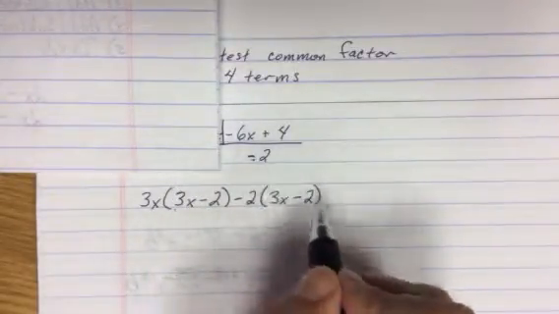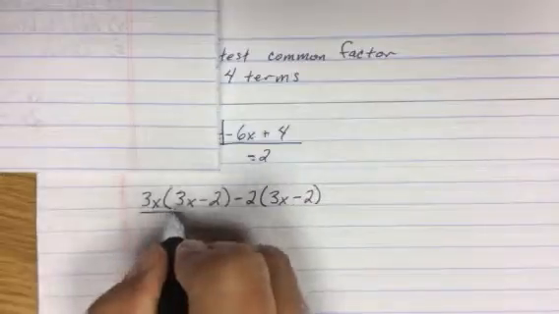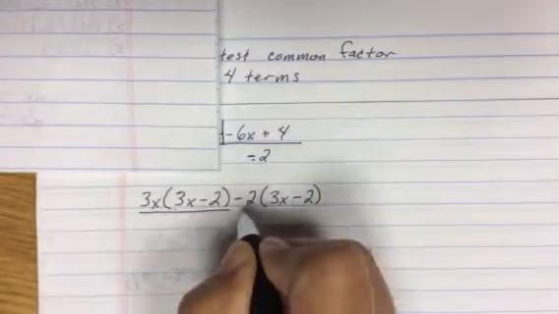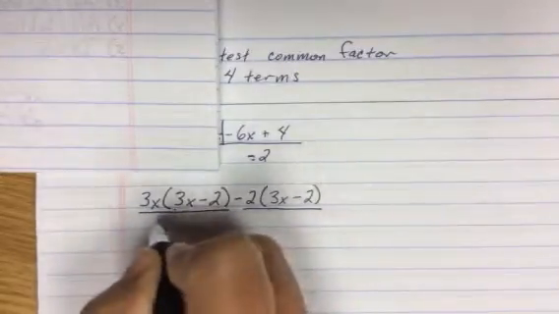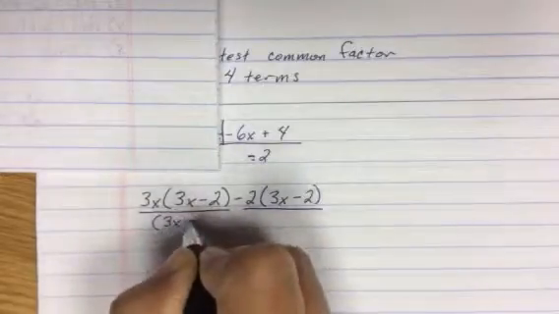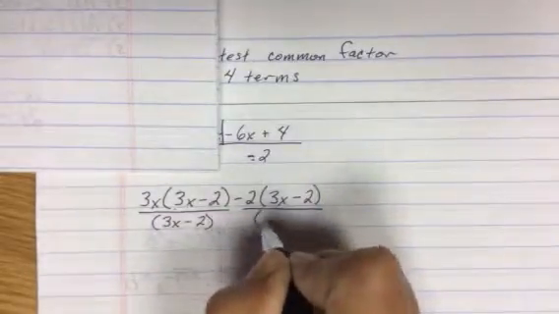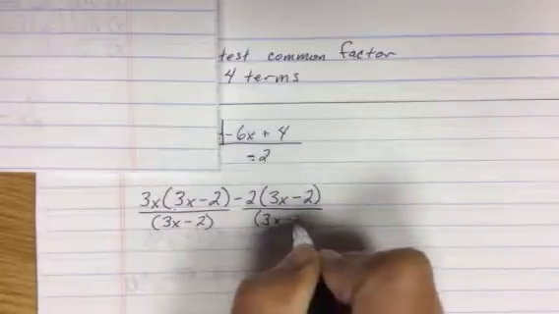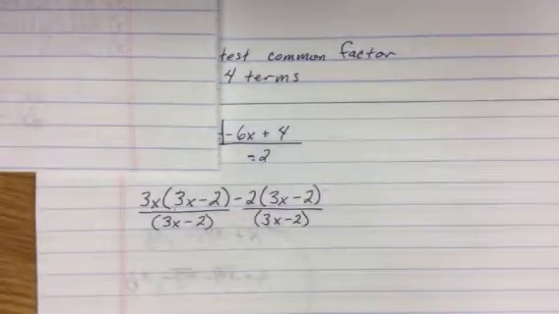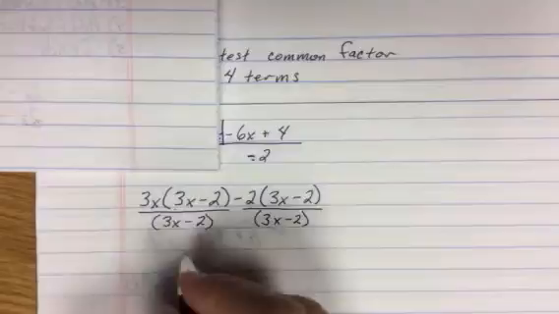This is what the goal is, because next I'm going to look at this and say, hey, guess what? I can make a GCF of the parentheses. So again, what I divide by comes to the front.